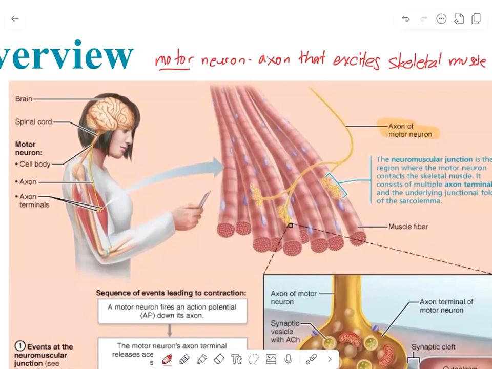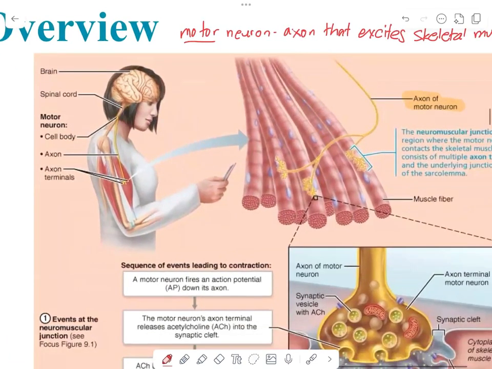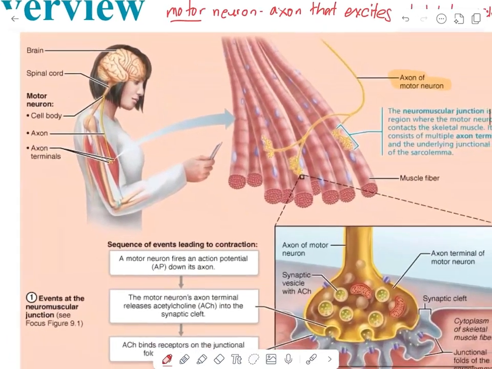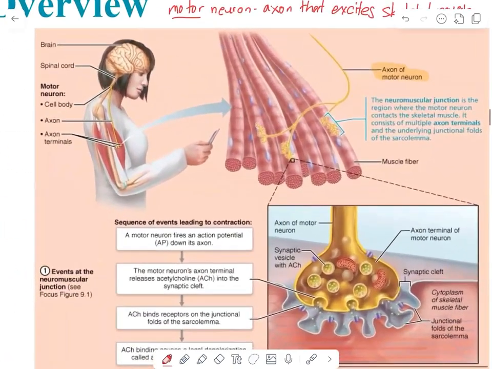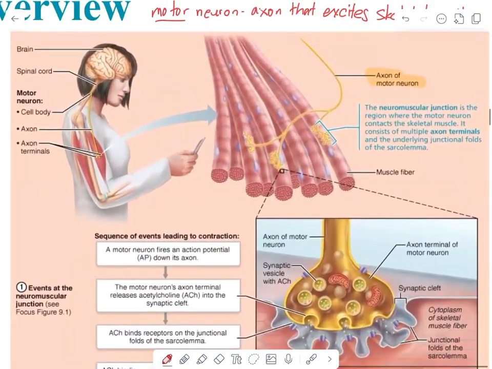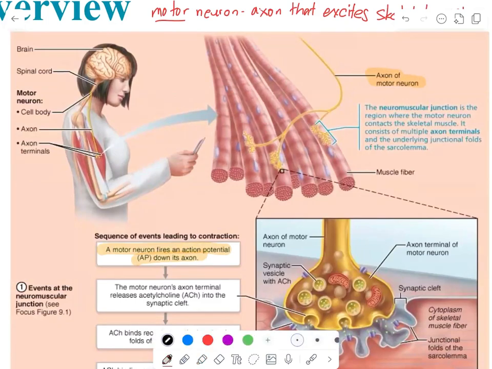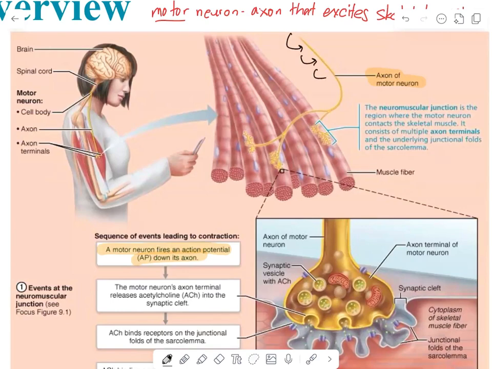So the first thing is there is an action potential that travels all the way down the axon, which is the first thing that is shown right here. I'm going to represent this action potential by an arrow that's jumping down the axon all the way until it eventually reaches the end of the axon, which is called the axon terminal, which we've looked at.